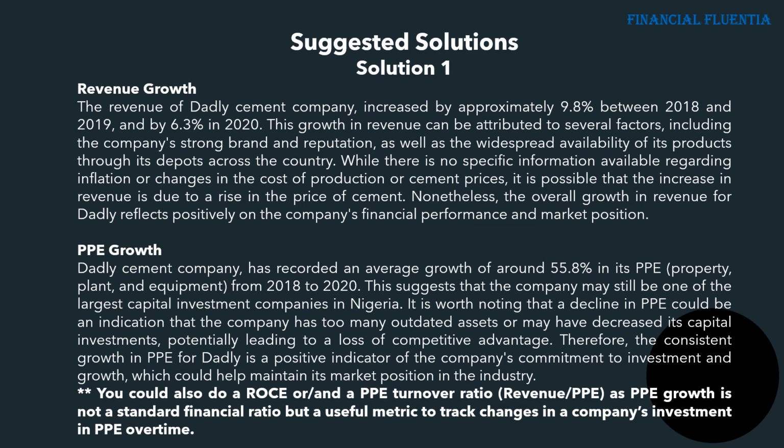If there is a drop in their PPE turnover, or in the PPE growth or PPE in absolute value, it means that the company is losing competitive advantage, because another company could overtake it as it is declining in PPE.